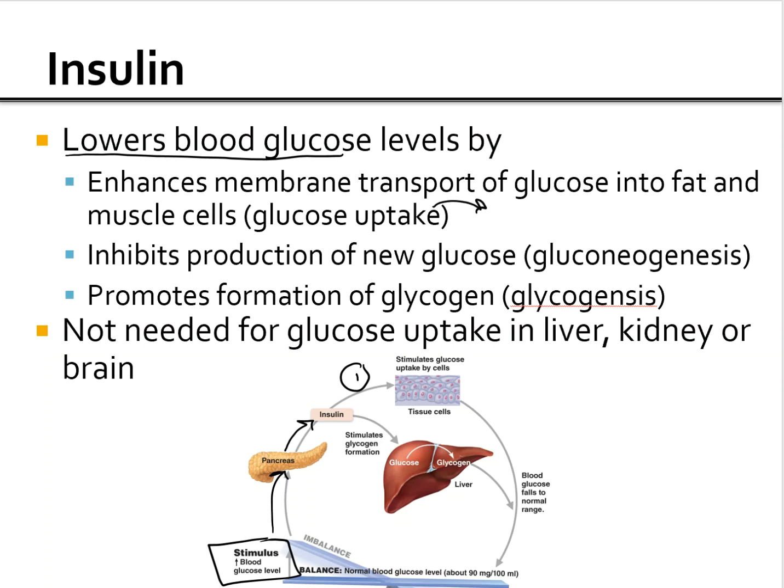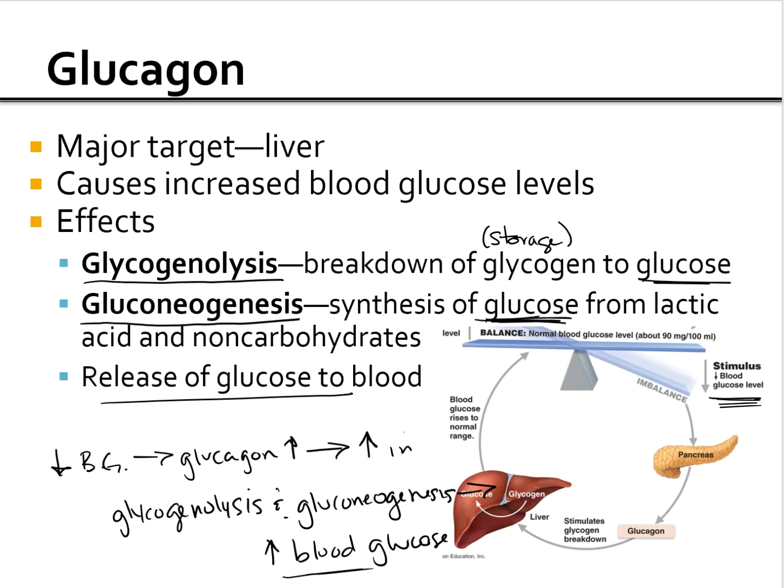Glucose uptake, you can think of it as absorption into the cells. Okay. And the other thing it does is it inhibits production of new glucose. So we go back, it inhibits this event here from occurring because we don't want to produce more glucose.